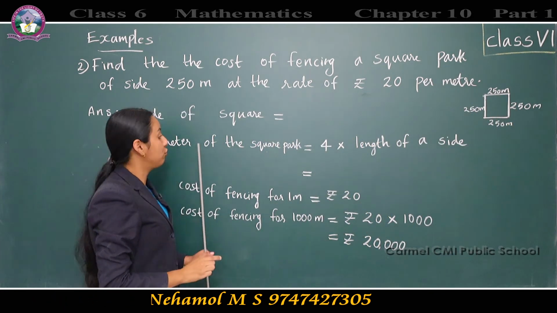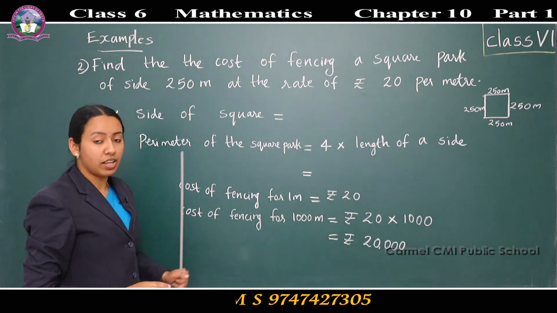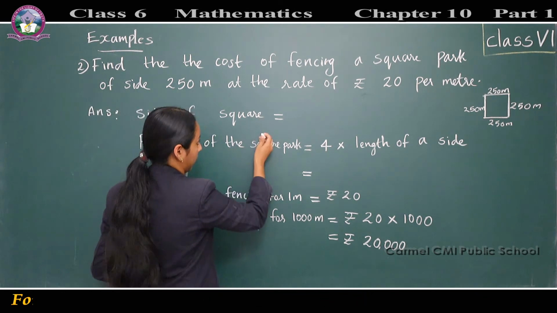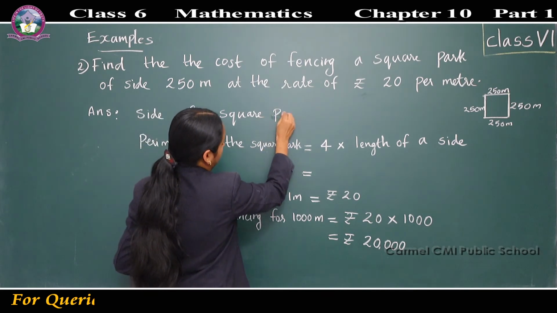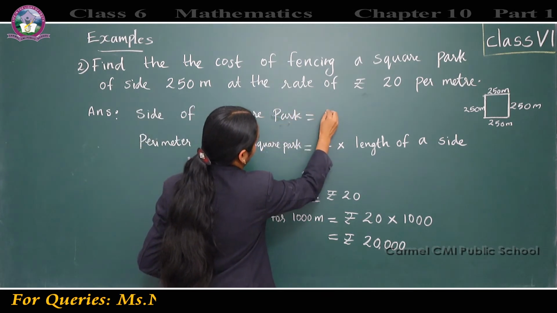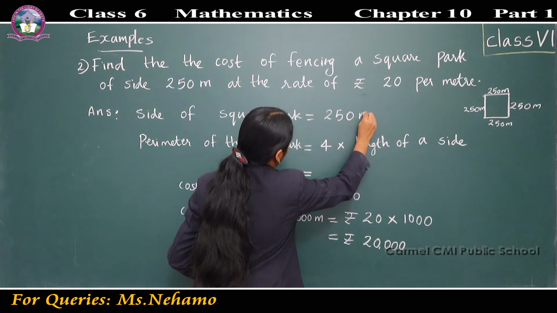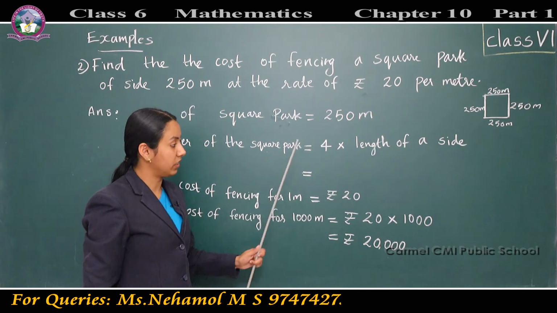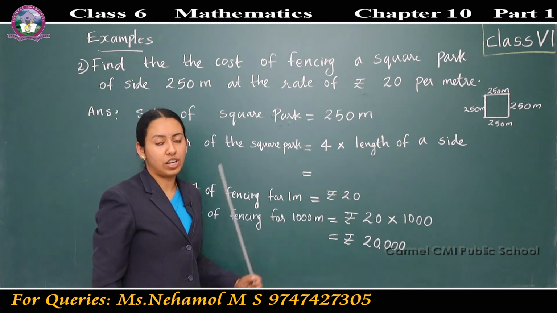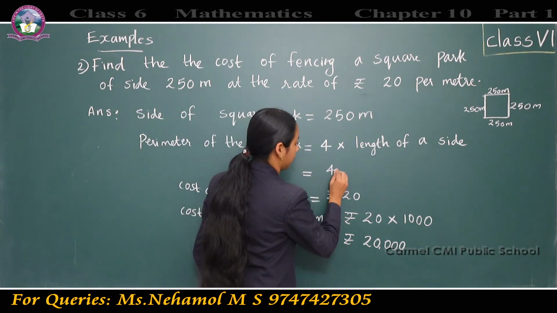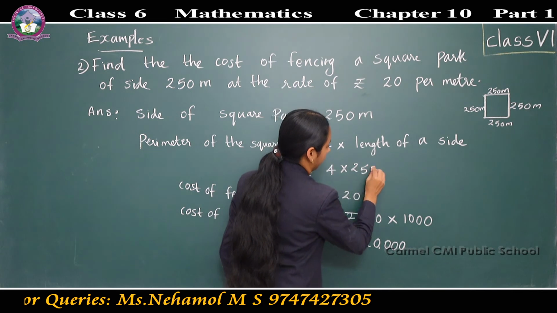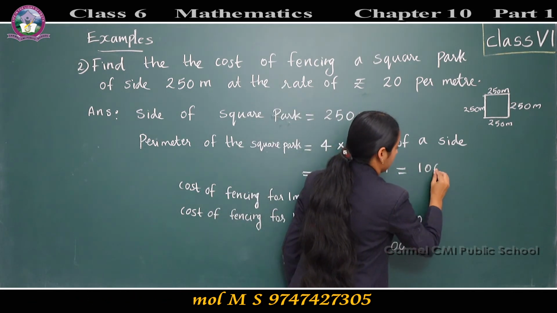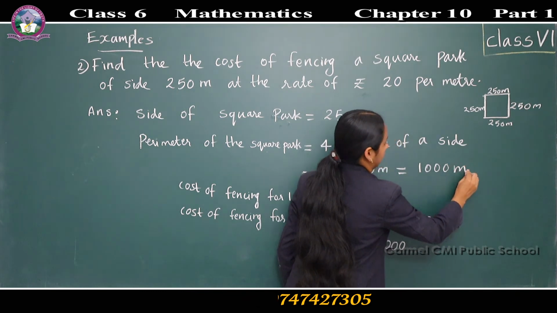So first we have to find perimeter of the square park. Side is given, 250 meter. Perimeter of the square park is equal to 4 into length of a side, that is 4 into 250 meter, which is equal to 1000 meter.